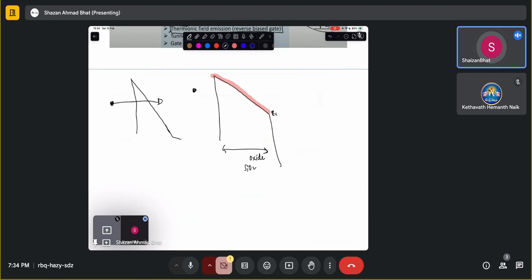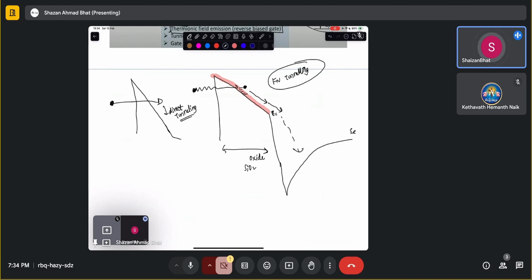If an electron tunnels to the conduction band of the oxide, then rolls down the hill to the conduction band of some other substrate, this tunneling is given a different name. I think it's direct tunneling, and Fowler-Nordheim tunneling looks something like this. I don't remember the names, but these are the concepts of how tunneling can take place.